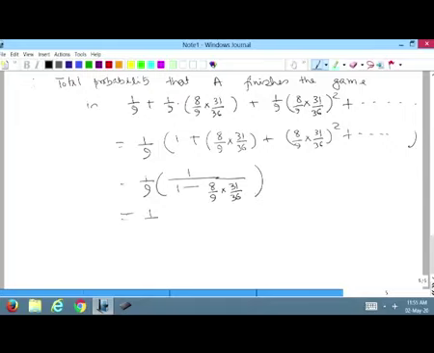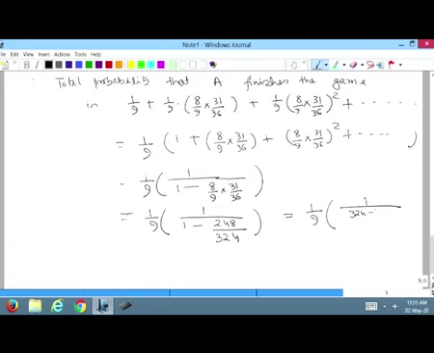This is equal to 1 by 9 into 1 upon (1 minus 248 upon 324), which is 1 by 9 into 1 upon ((324 minus 248) upon 324), which is 1 by 9 into 324 upon 76, which is equal to 36 upon 76, which is equal to 9 upon 19.